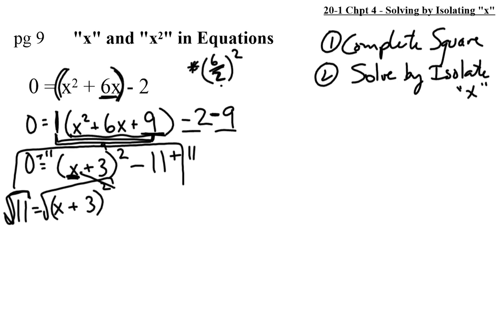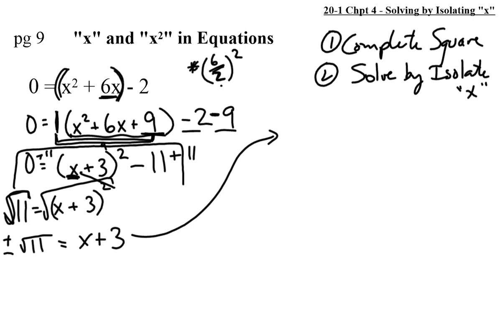In this case, exact value is root 11, but positive or negative root 11, square root principle, and that'll equal x plus 3. From there, we need two values because root 11 will equal x plus 3, but also negative root 11 will equal x plus 3.